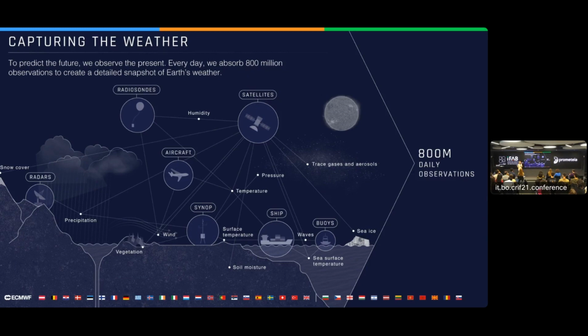So they are sort of opportunistic observations. We don't fly planes especially to take measurements, but the planes flying actually take measurements for us, which is very good. And of course, we have satellites. More than 98% of all the data we use are coming from satellites. They are satellites mainly from big organizations like the European Space Agency, for instance, but there are also more and more satellites from the private sector.